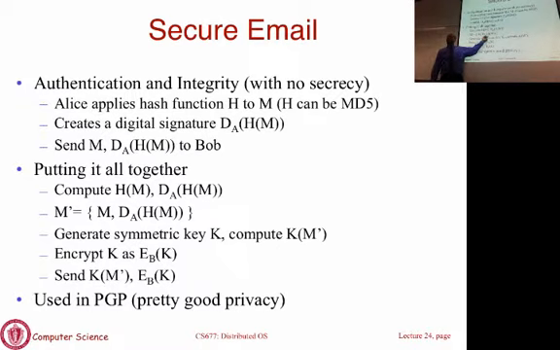M prime is the original message and the hash, the signature. So Bob can verify that it came from Alice using the same techniques. Okay? So that is a full-fledged secure mail protocol, where you have not only encrypted the message, you signed the message and you generated a key that you're sending securely, that only the intended recipient can decrypt.